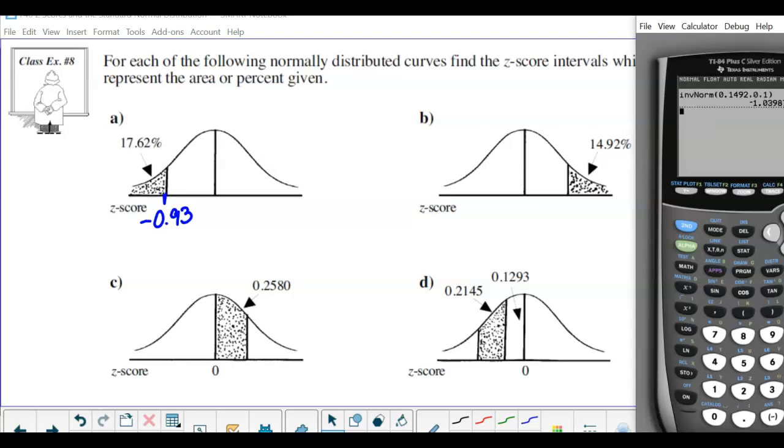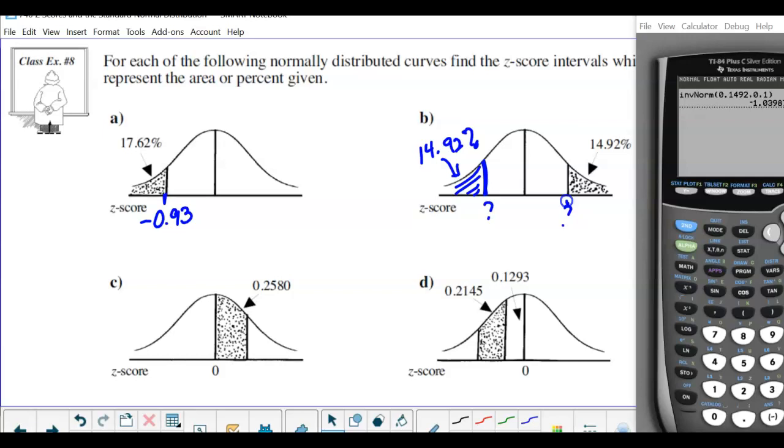it's going to give me a negative z-score. What do we know about this value here and this value? This is 14.92. What do we know about those two? Yep, opposite sides.